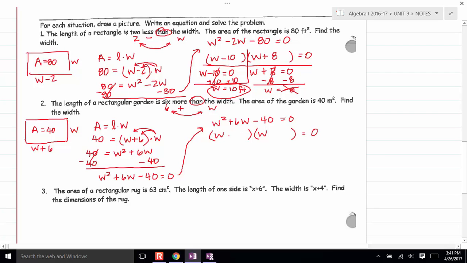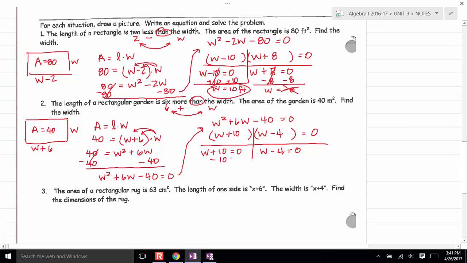So if we try positive 10 and a negative 4, 10 times negative 4 is negative 40. 10 added to negative 4 gives us a positive 6 in the middle. And then now we're going to set each of these factors equal to 0 and solve for W. Okay, so in the first equation, W plus 10 equals 0.